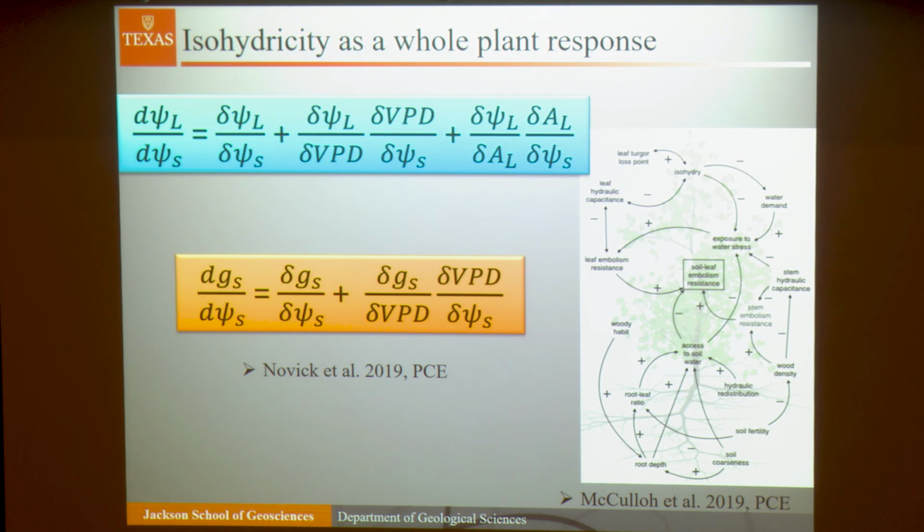And in this sense, we've also presented the difference between our leaf water relationship with soil water content and the stomatal relationship with soil water content. And so these two things are becoming decoupled, but we're still thinking about it in terms of a whole plant response rather than just simply what an individual leaf is doing.